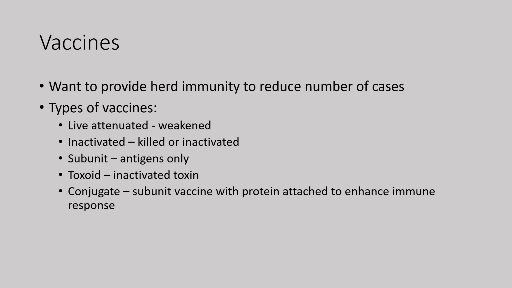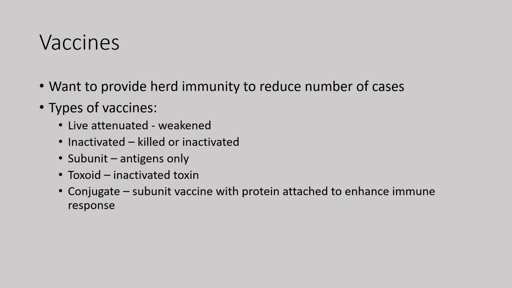Yes. You still get protection from it. Nobody really liked the idea that it's a low chance, but there was a chance you could get sick. So as our technology improved, then we figured out ways of how to inactivate the pathogen, how to kill it or inactivate it so it cannot cause disease, but you can inject it in someone and they can get the protection.